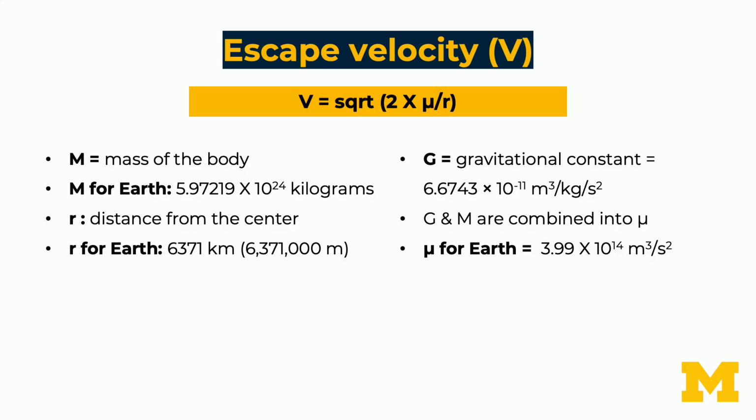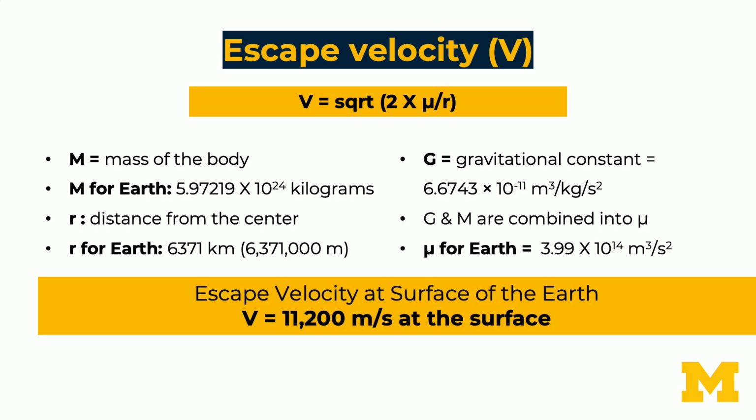So it's G times M is equal to mu. And that's 3.99 times 10 to the 14th. And the radius of the Earth is 6,371 kilometers. And so if you solve that equation for Earth, then you get the escape velocity at the surface of the Earth is 11,200 meters per second.